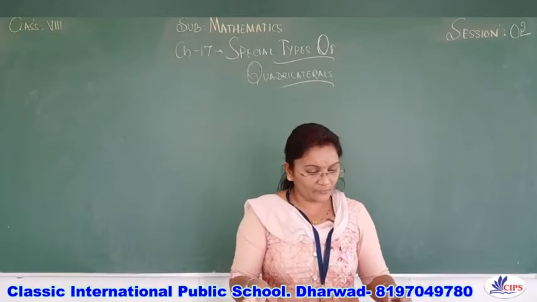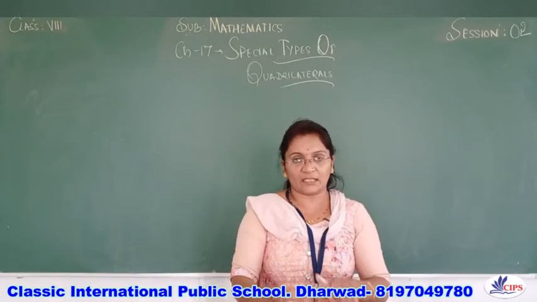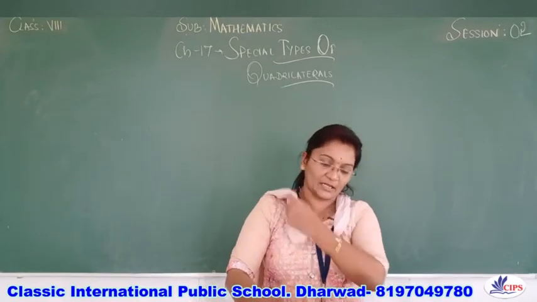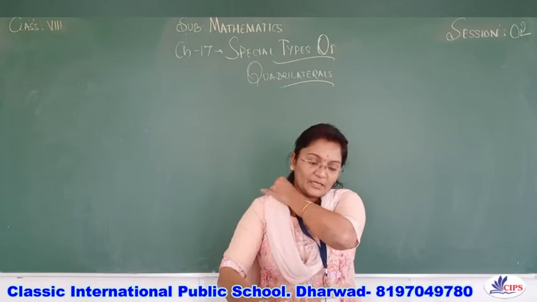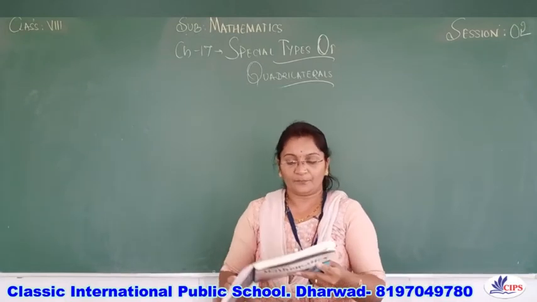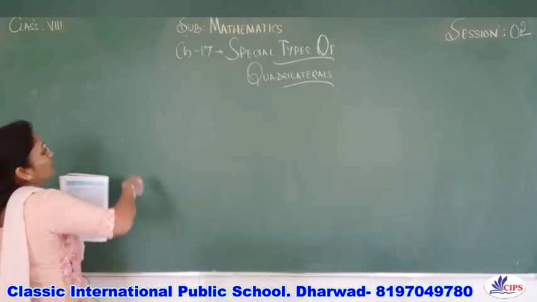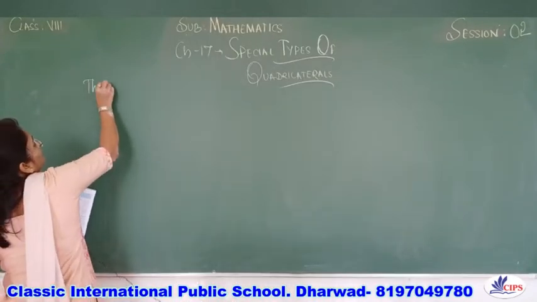So here in a square we have again the same thing. Diagonals of a square are equal and bisect each other at 90 degrees. How we proved it in the rhombus, we have to prove in the same manner. So here, what is given? Let's write the statement first. Theorem number 6.